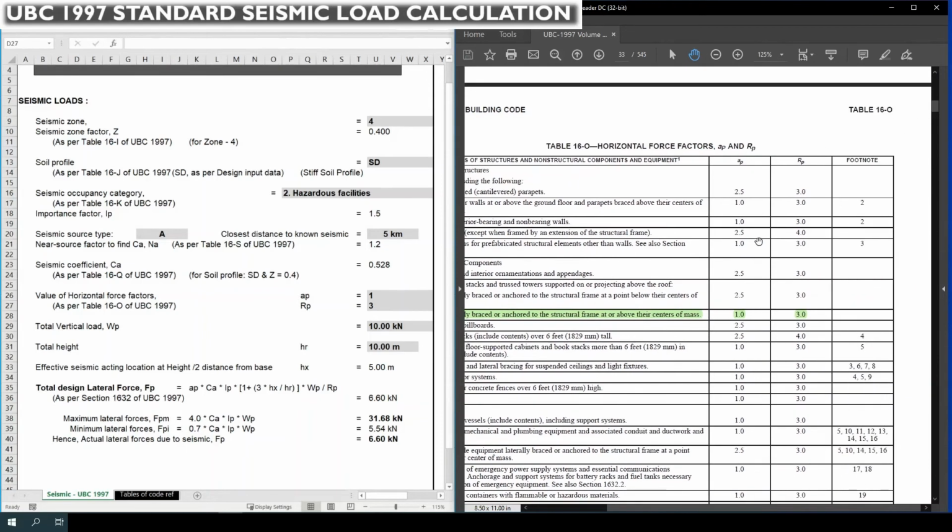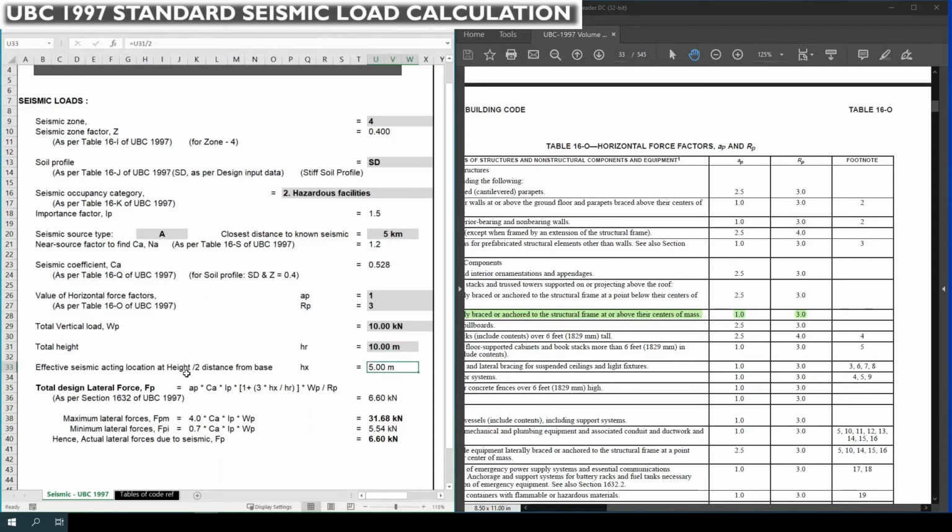For that, AP value is 1 and RP value is 3. So we are entering the same values here. Total vertical load WP we can assume as 10 kilonewton, as this is a demonstration alone, and the total height we can assume as 10 meter.